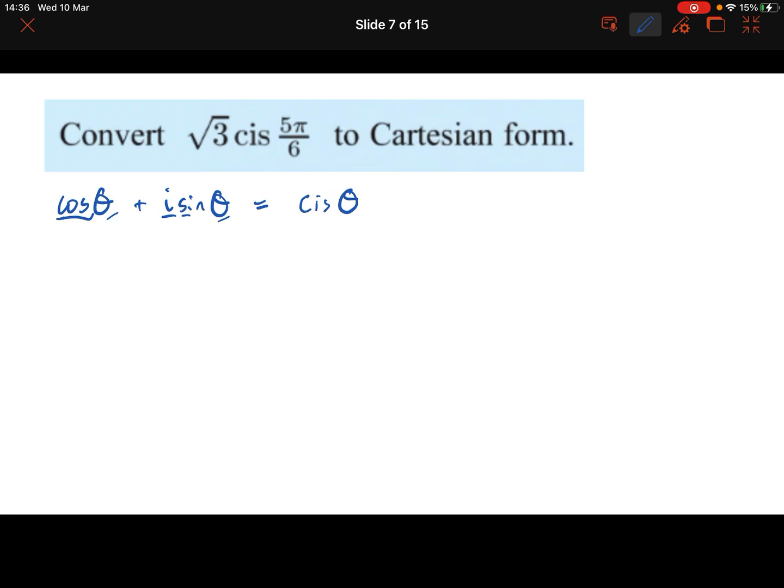C-I-S theta. So what that is specifically saying is, write this: cosine of 5 pi over 6 plus i sine 5 pi over 6, times the modulus, which is root 3. We need to write that back into Cartesian form.